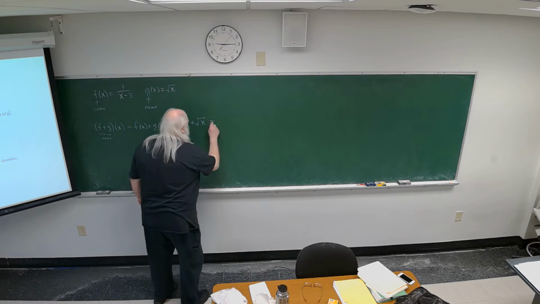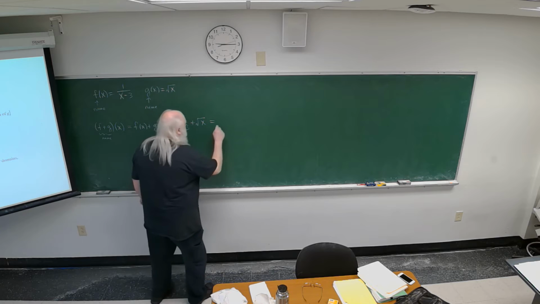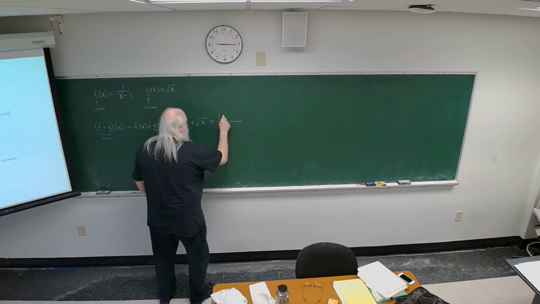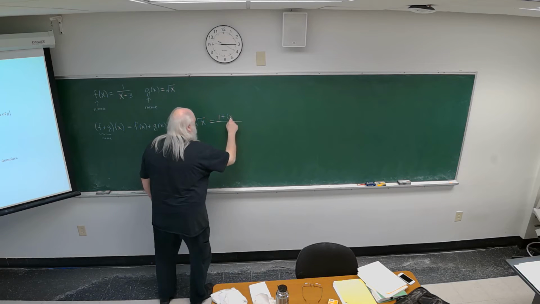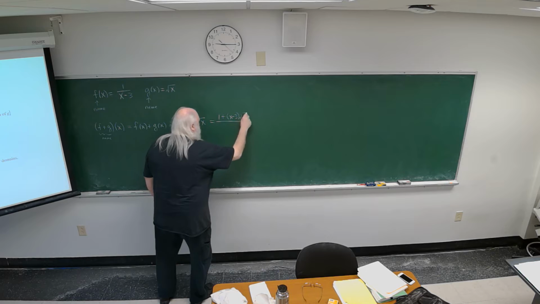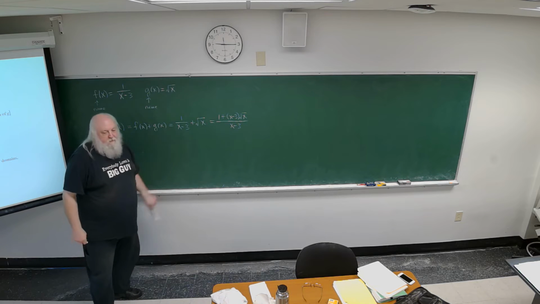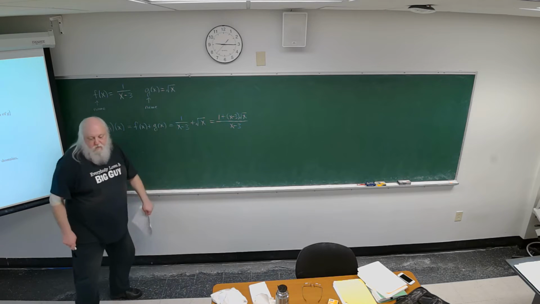If we combine the sum of these two terms to a common quotient, we have 1 plus x minus 3 times the square root of x, over x minus 3. x minus 3 is a common denominator, so when I rewrite this, multiplying top and bottom by x minus 3, I end up with that quotient.